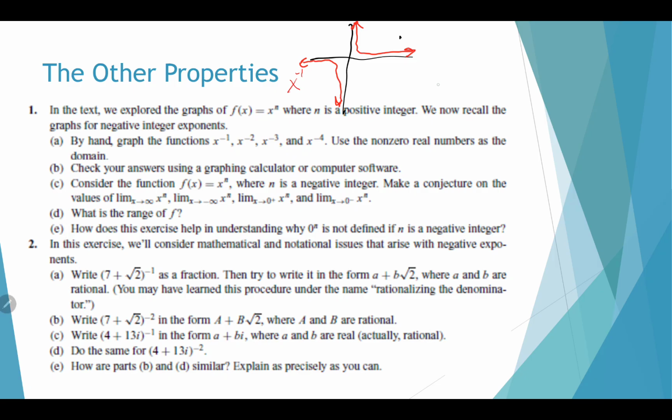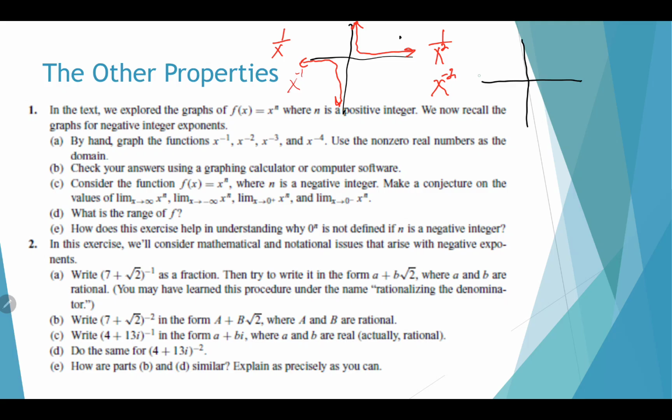And then let's consider what happens when we talk about x to the power of negative 2. Again, same idea. This is going to be 1 over x squared, just like this was 1 over x.